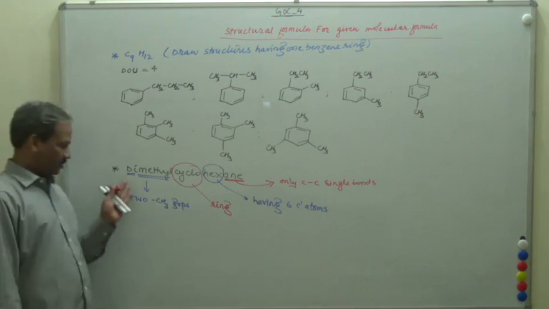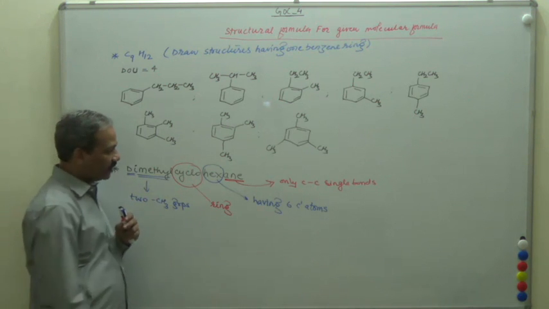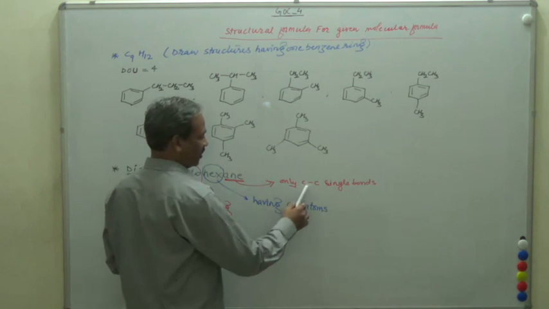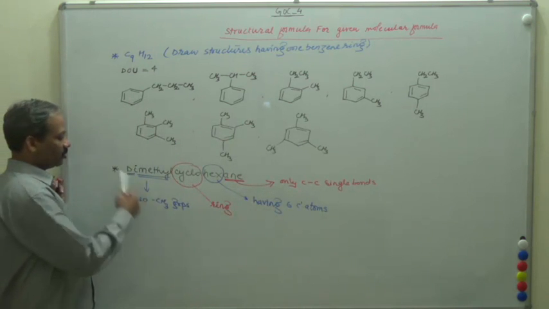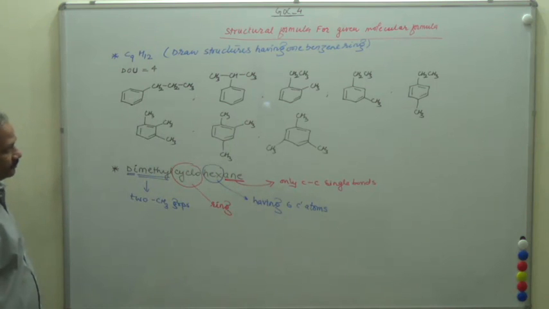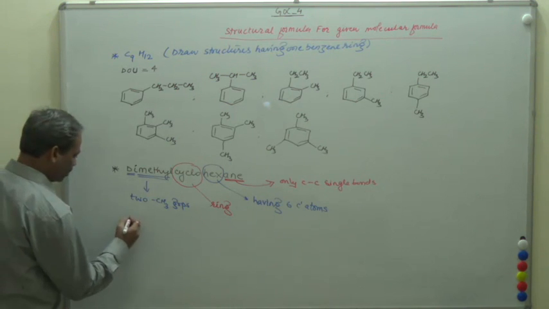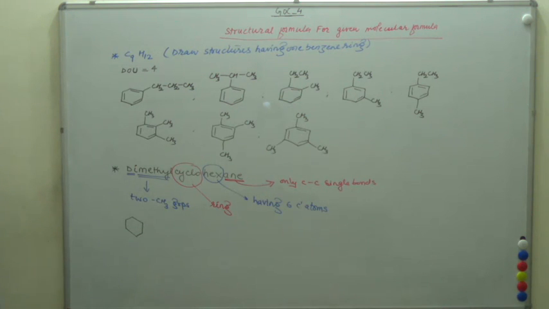So we have to draw possible structures of dimethyl cyclohexane. It means we have to form a ring of 6 carbon atoms with only carbon-carbon single bonds. And then we have to place 2 CH3 groups on that ring. So this is the cyclohexane ring. And now we have to place 2 CH3 side chains on this cyclohexane ring.